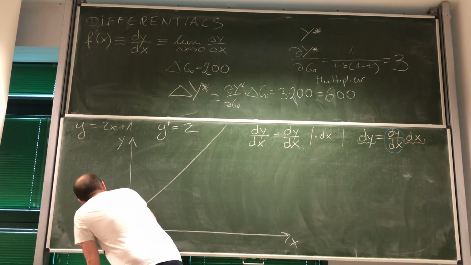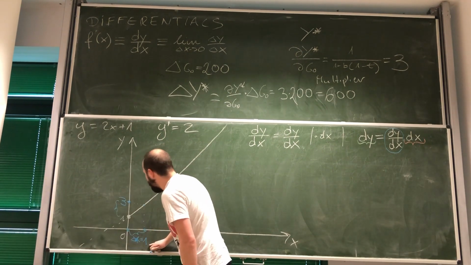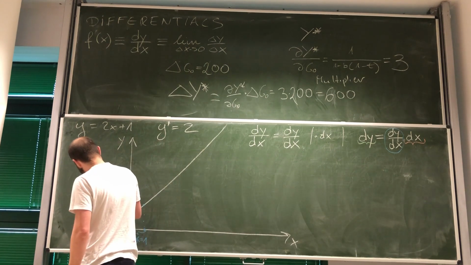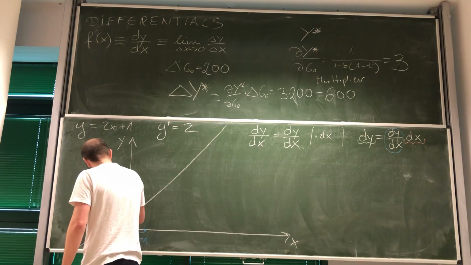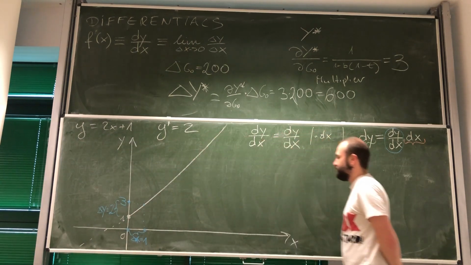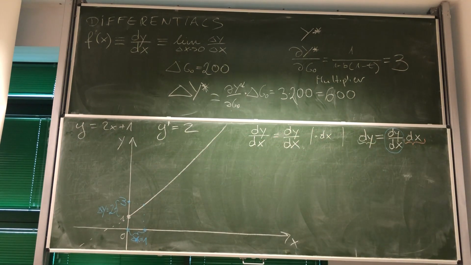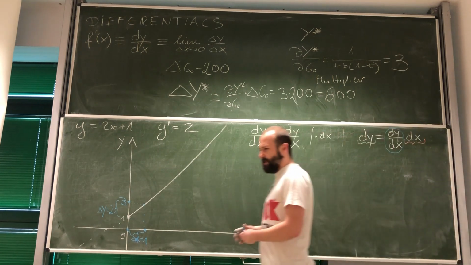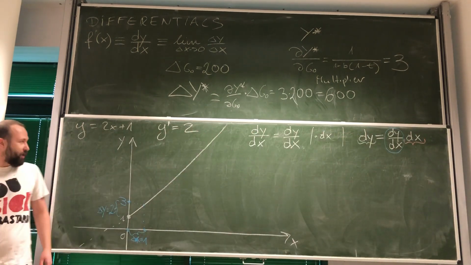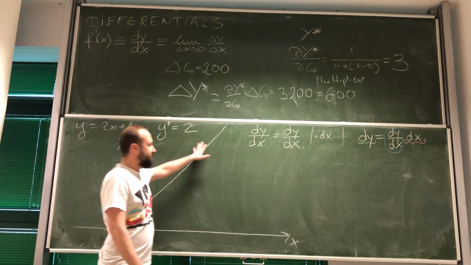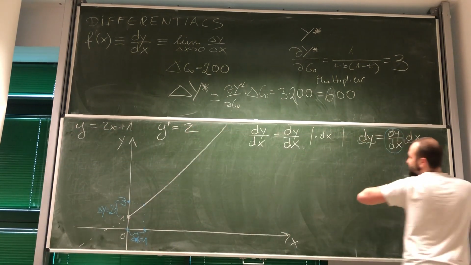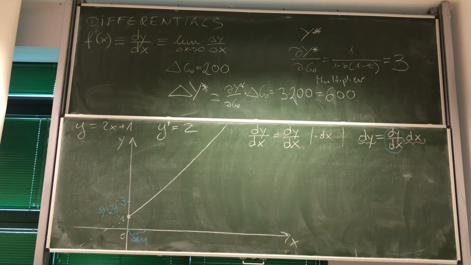So we get from this that when x increased by 1, y increased by 2, right? Makes perfect sense, right? Because here we have a situation where the derivative is constant, it really doesn't matter by how much I increase the value of x.